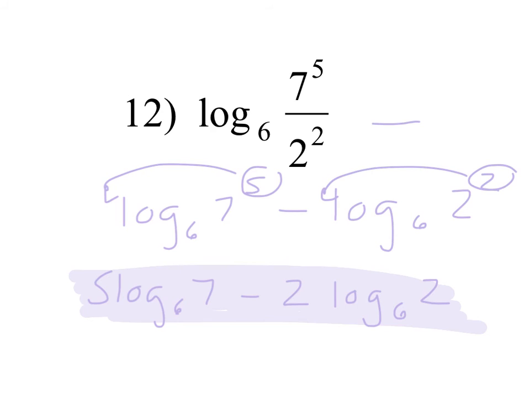Any questions here? So remember, it does matter when you're subtracting what order it goes in. Whatever's on the bottom has to come last. So when you're subtracting, the order matters.